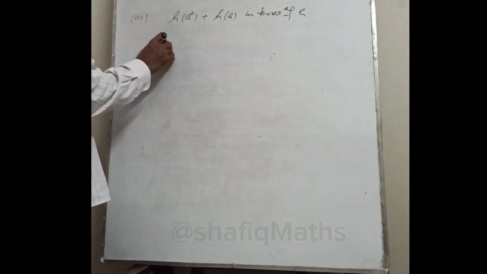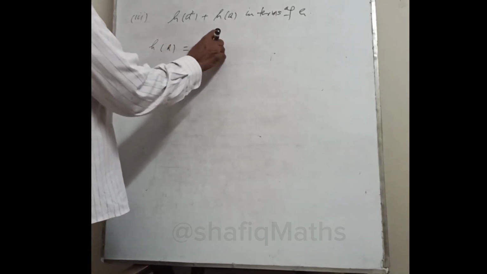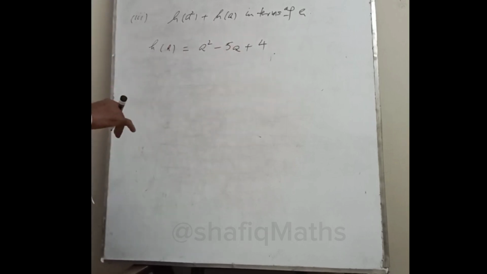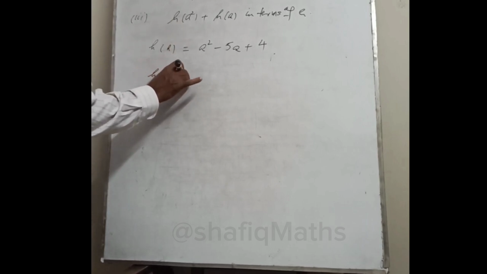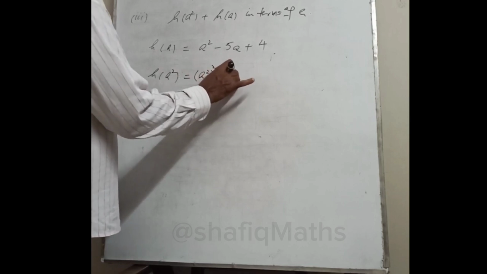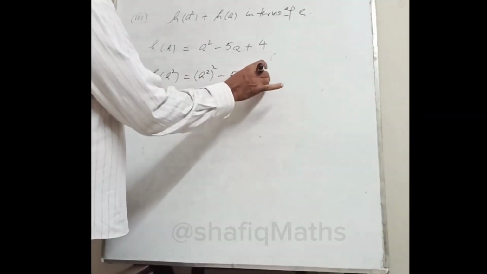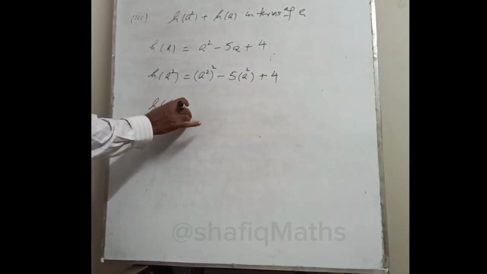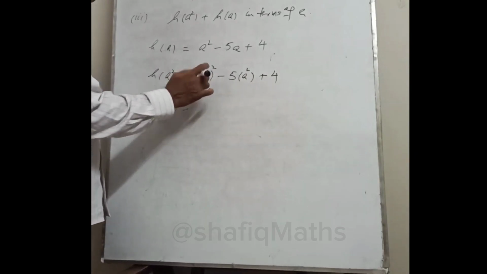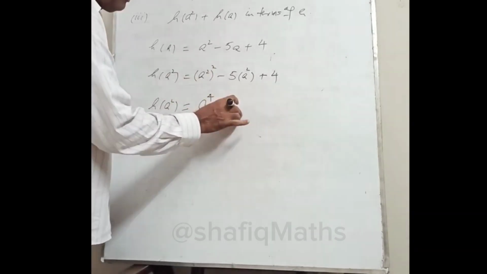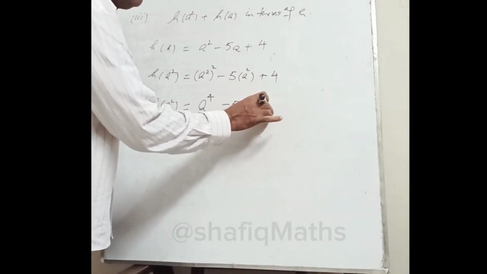For h(a), we have a² − 5a + 4, and now we are replacing a by a², so it would be (a²)² − 5a² + 4. When you have power of power, we multiply, so it would be a⁴ − 5a² + 4.